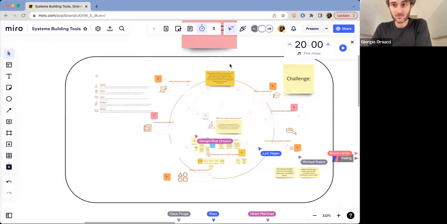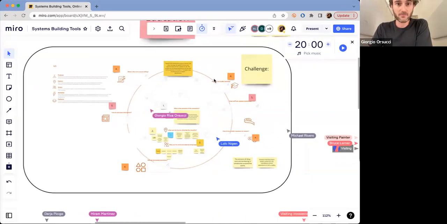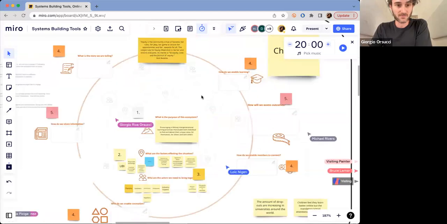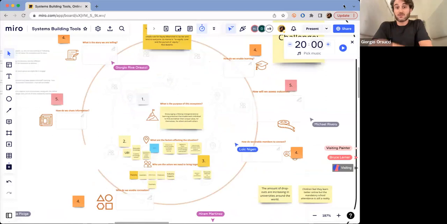Yeah, I'll go with that one. It'll be pretty fast. We had the topic of education. We kept it very broad, so we didn't really zoom in into a specific challenge, but a broader challenge of how can we make education as a whole as effective as possible.